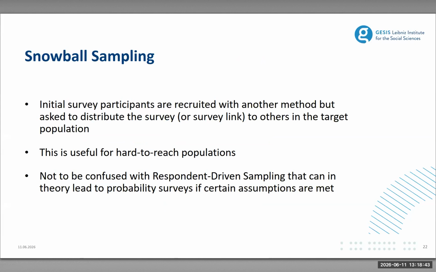So once you have one respondent from this hard-to-reach group, you can ask them to distribute the link to the survey in their network and study this population or group. There's some other thing called respondent-driven sampling that seems similar to snowball sampling, but should not be confused with it, because this could actually really lead to probability surveys in some situations, but I don't want to get into that in detail.